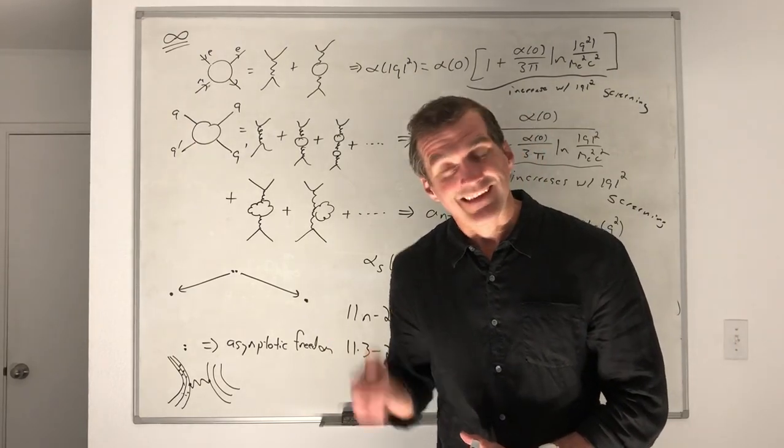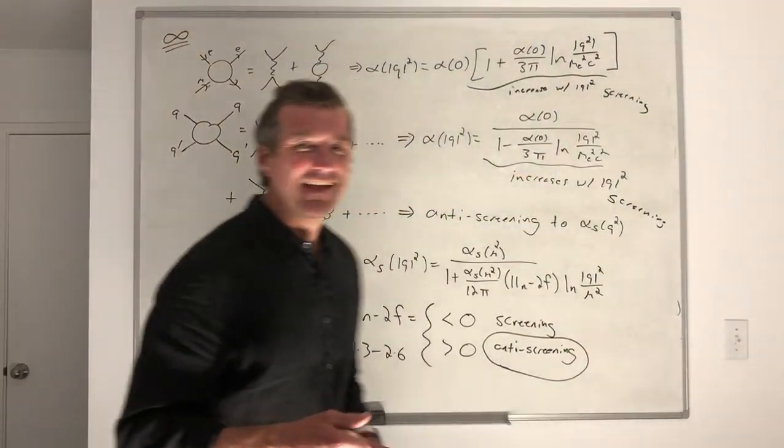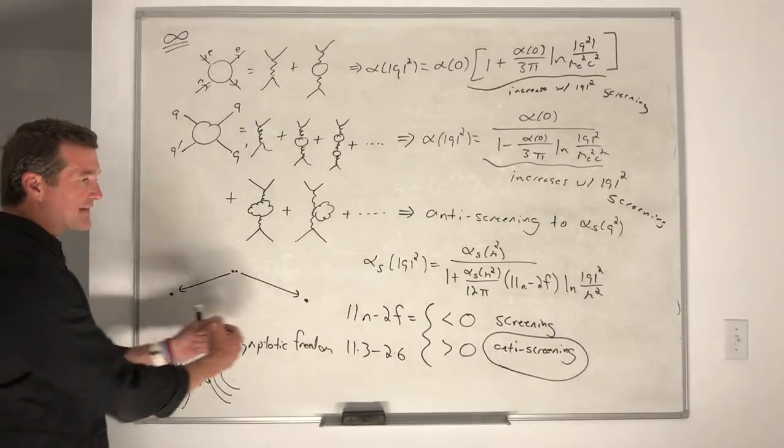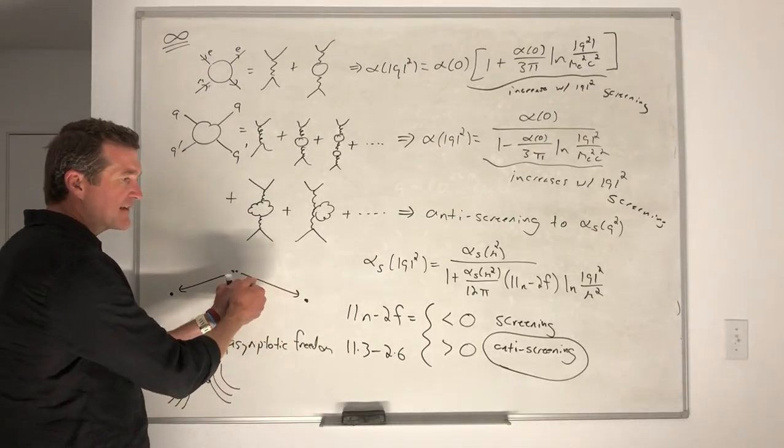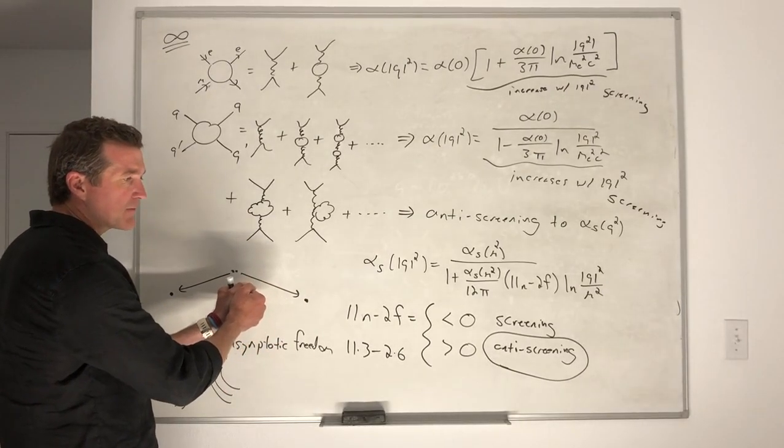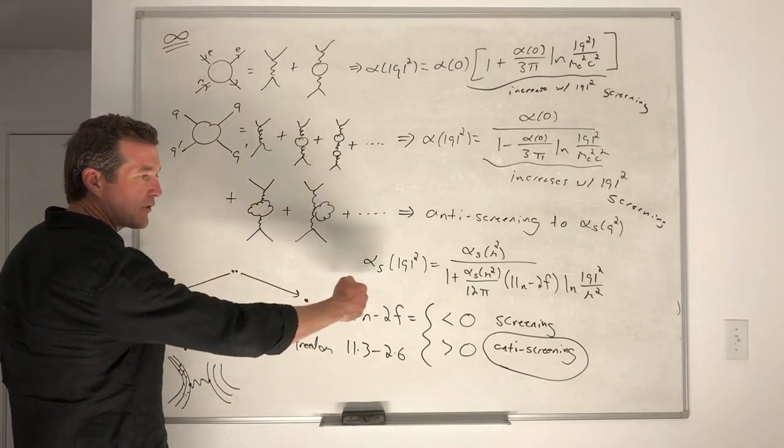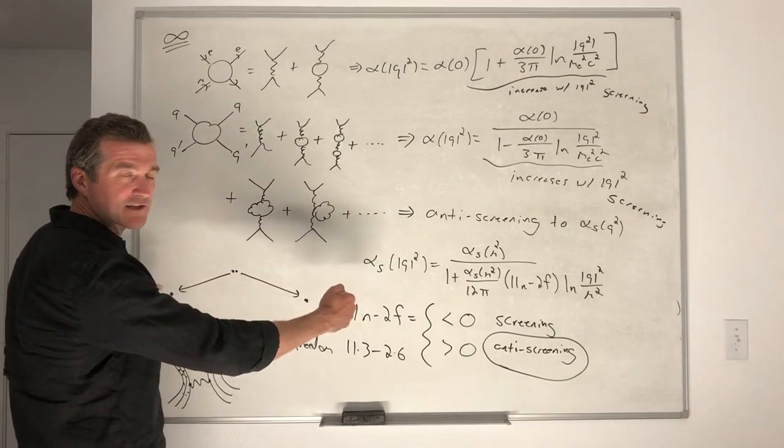It's going to go up. It's going to go up, yeah. So what we have is that if the things are close, their interaction is minimal. The further we pull them apart, the stronger their interaction becomes.